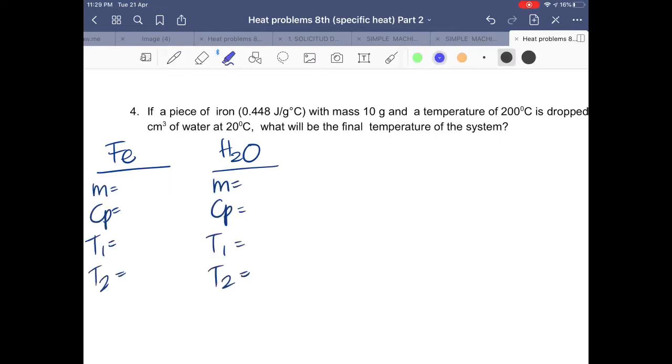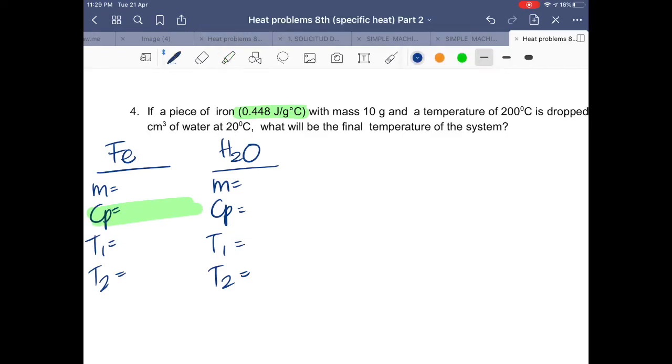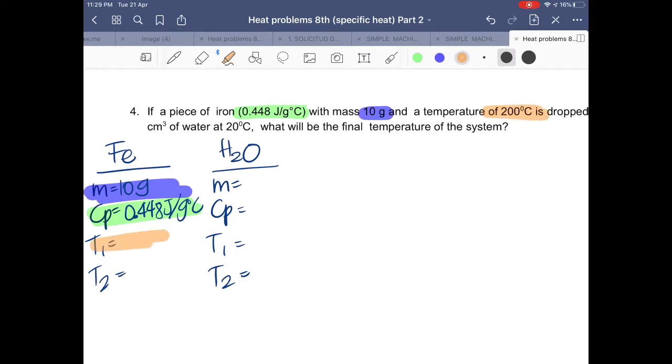For both, they're giving you the specific heat of iron. So we have 0.448 joules over grams per degree Celsius. And then you know that you have 10 grams of iron at 200 degrees Celsius.